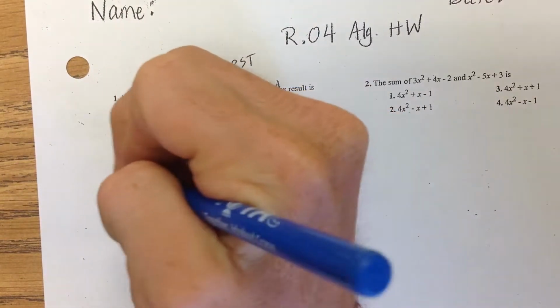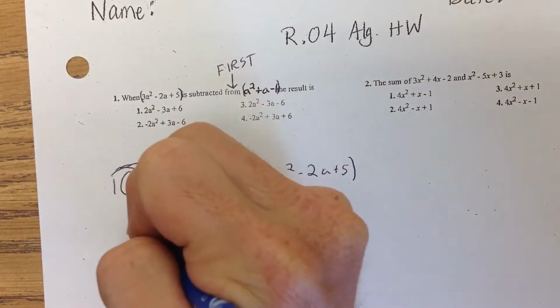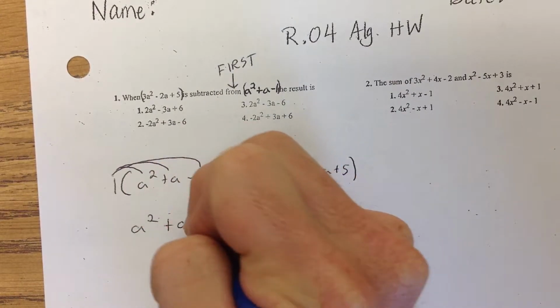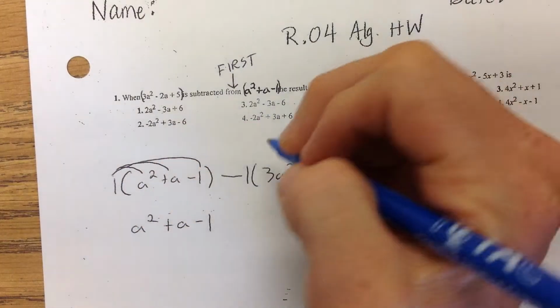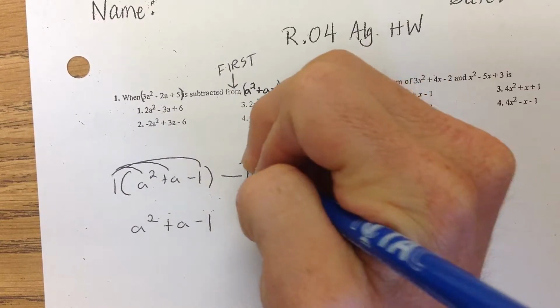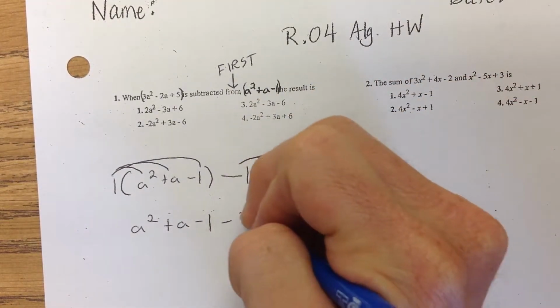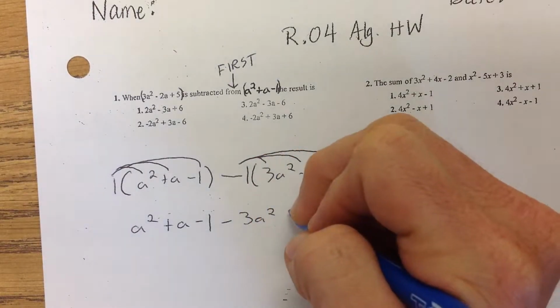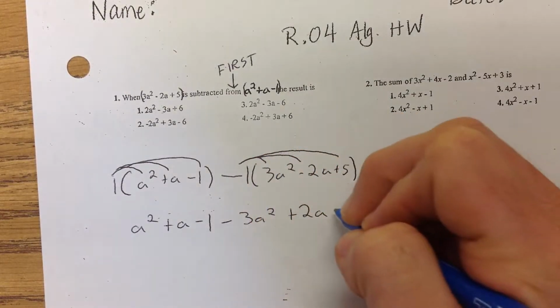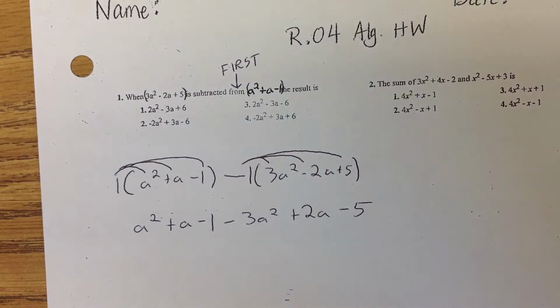The positive one is not going to change anything, so these stay exactly the same. The negative one is going to change things. It's basically going to flip all the signs. So we're going to have a minus 3a squared, a plus 2a, and a minus 5.